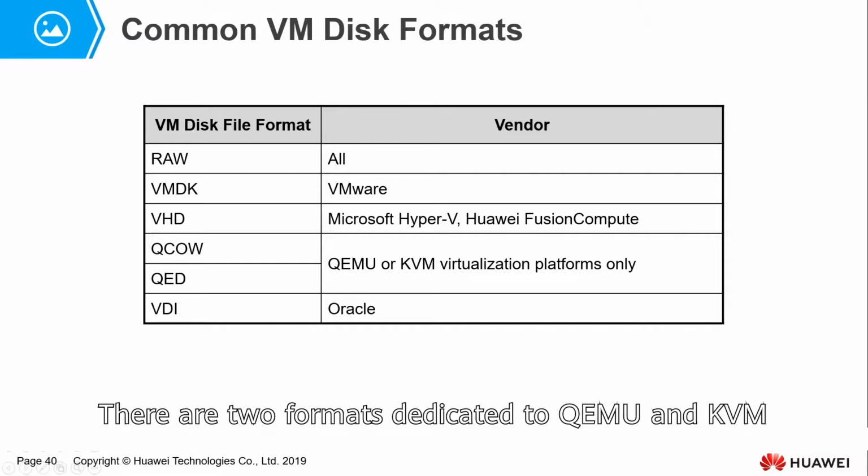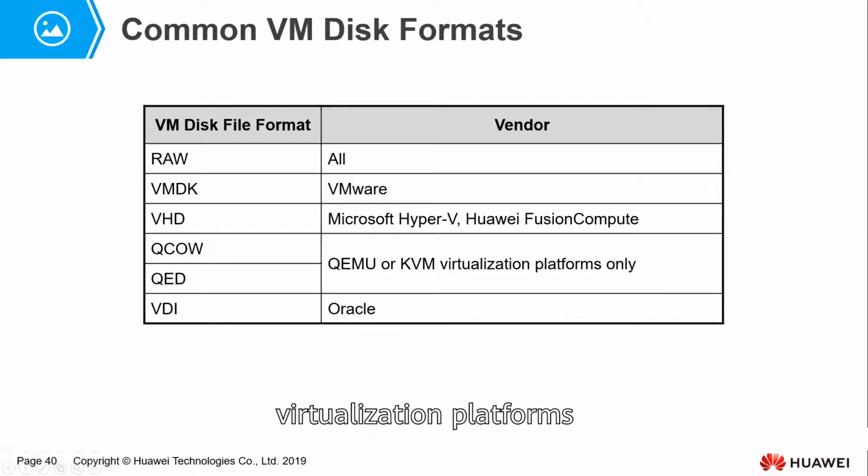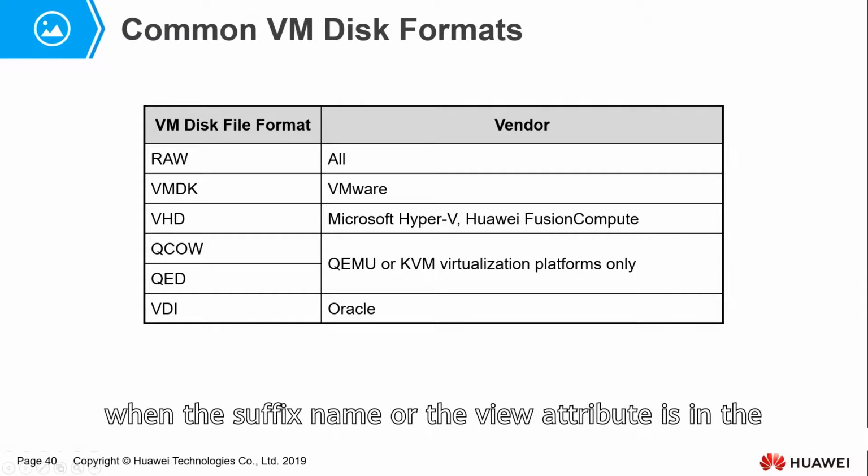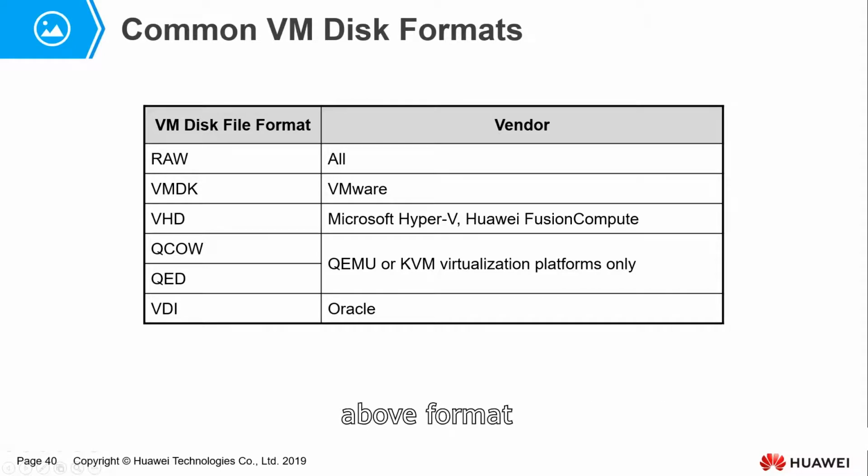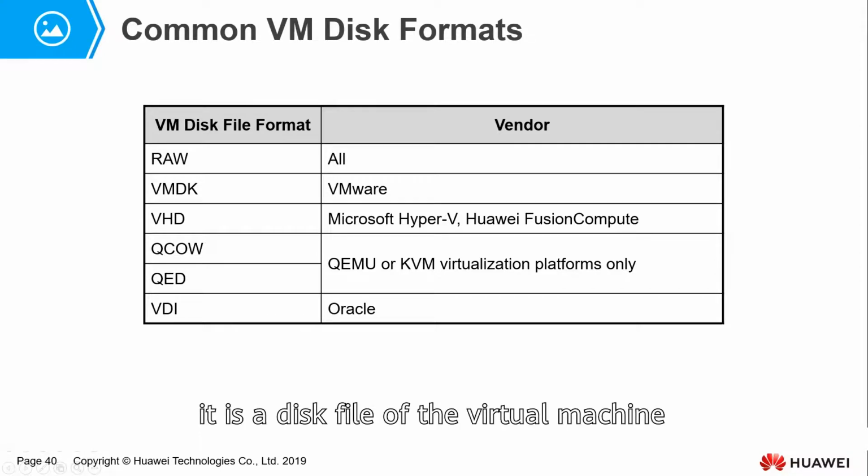There are two formats dedicated to QEMU on KVM virtualization platforms, QED and QCOW. Finally, there is an Oracle VDI format. When you see a file in the future whose suffix name or attributes match the above formats, it is a disk file of a virtual machine.